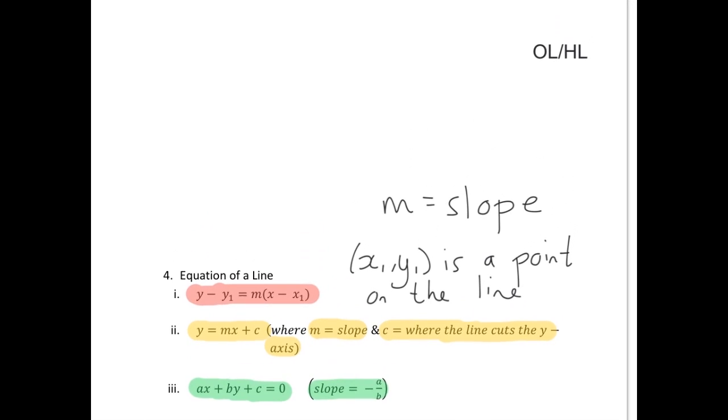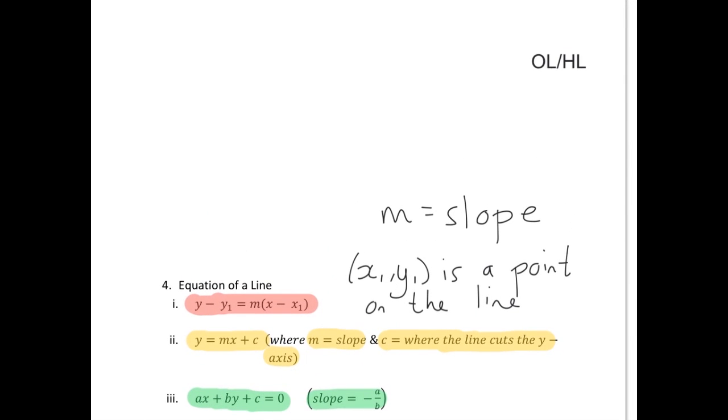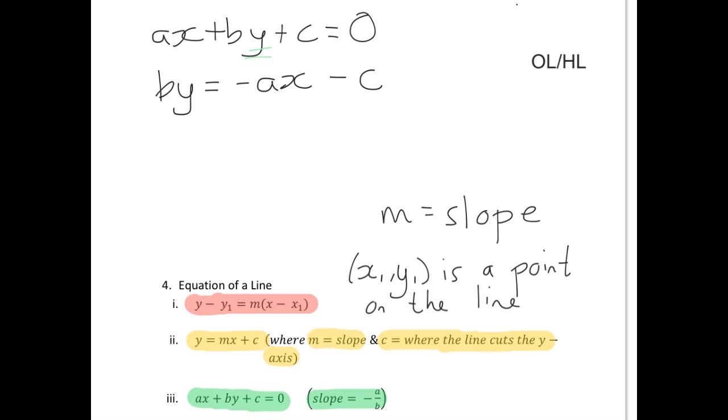And to see that, we can just go up here, and if we have the equation ax plus by plus c equals 0, if we rearrange this to just have our y on one side, then we would have by is equal to minus ax minus c. So that's subtracting ax and c from both sides.